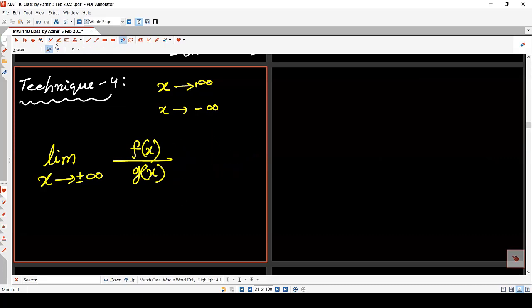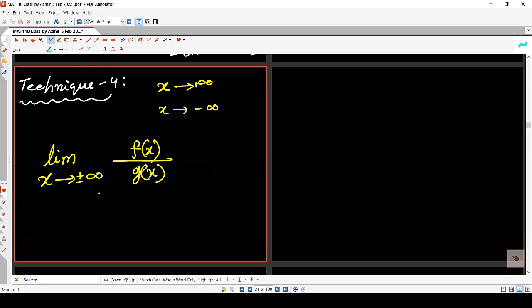So what we can do to compute this limit, we have to divide each term by the highest power of x that occurs in the denominator. You will understand if we have a look at one example, but at first, let me write what we have to do to solve this one.